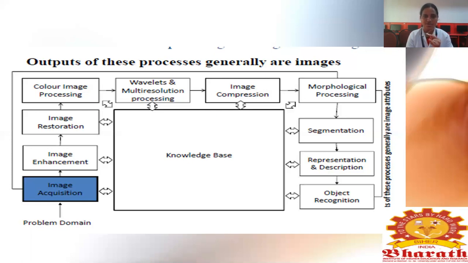The next one is image compression. Image compression is mainly used to compress images for storing purposes.